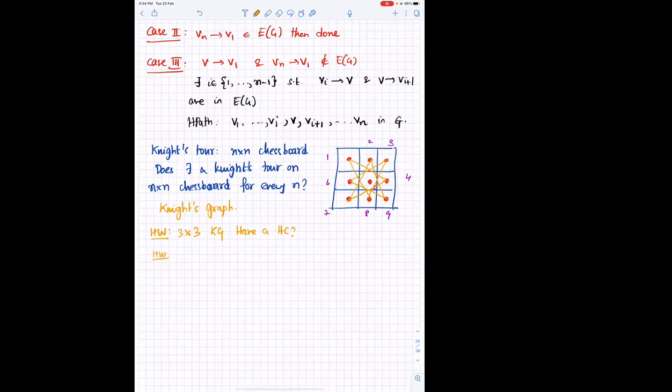And how many edges does the knight's graph have? How do you count that? So that's a counting question. And can you show that the knight's graph has some property that we saw earlier in the lecture?